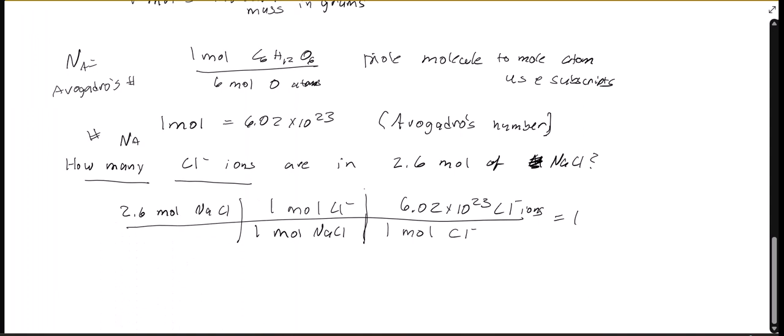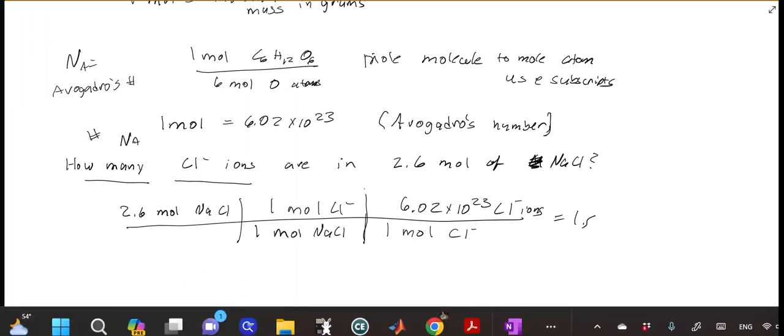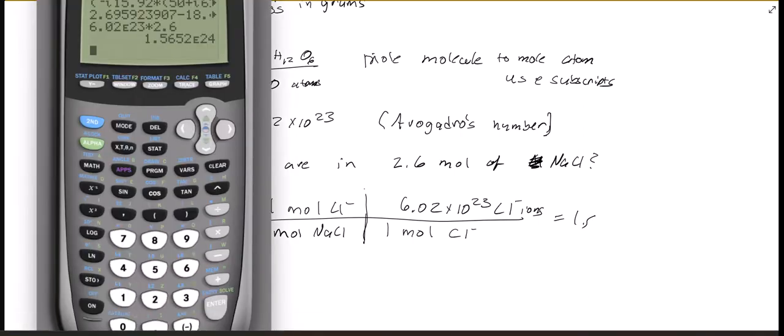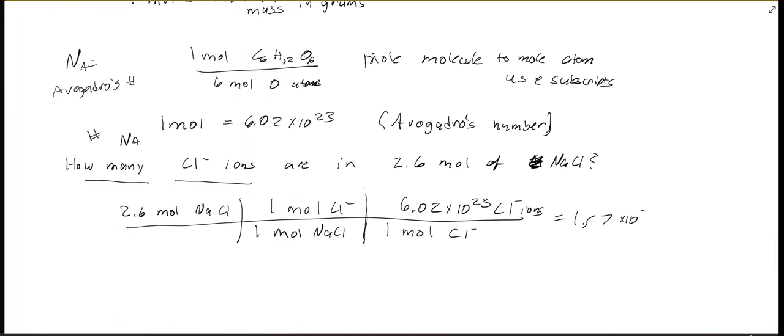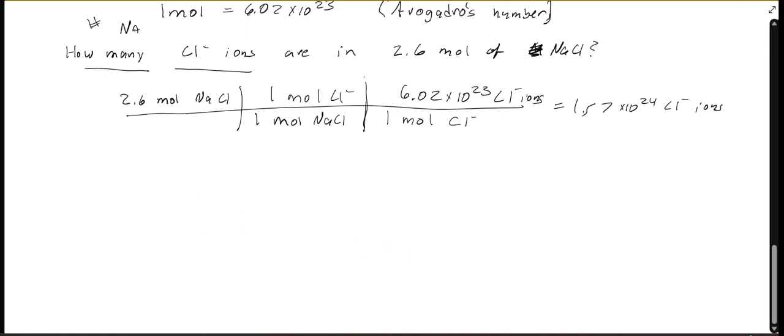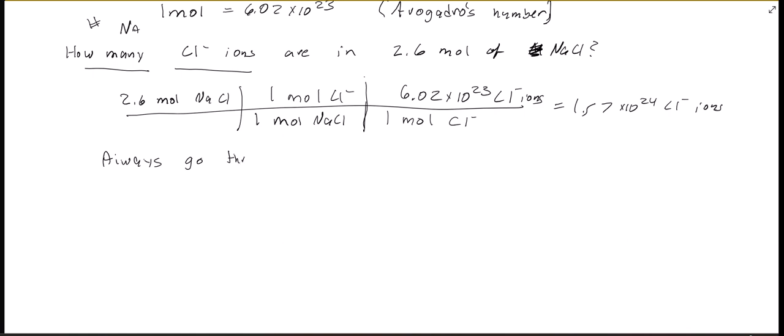And that is 1.57 times 10 to the 24 chloride ions. I'm just going to leave it like that.